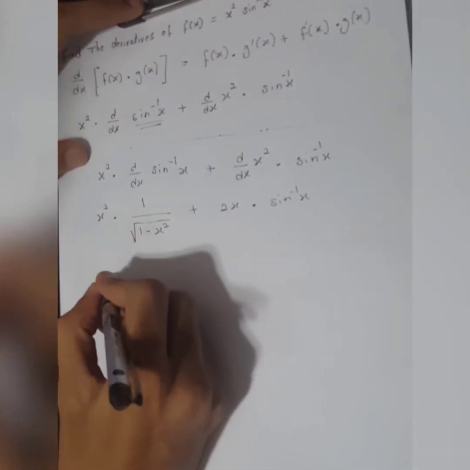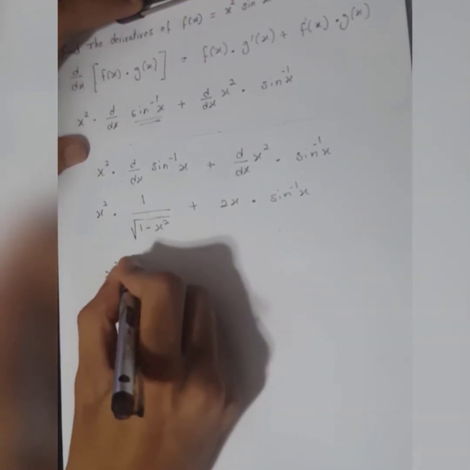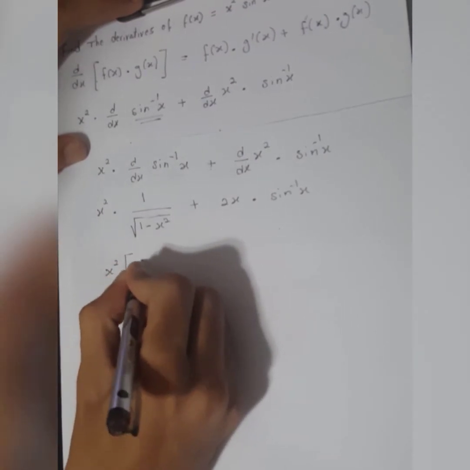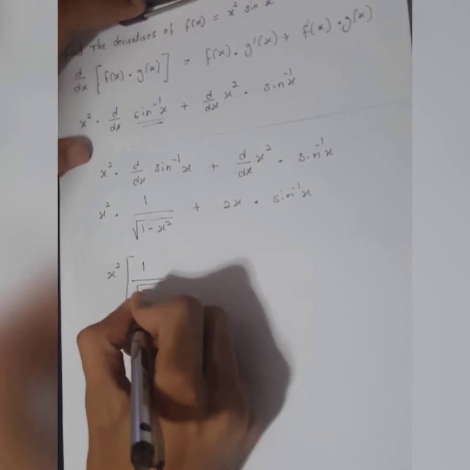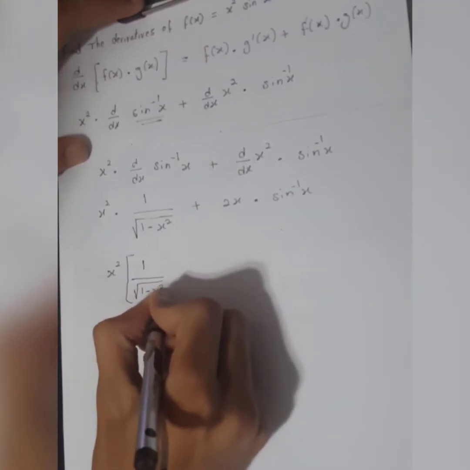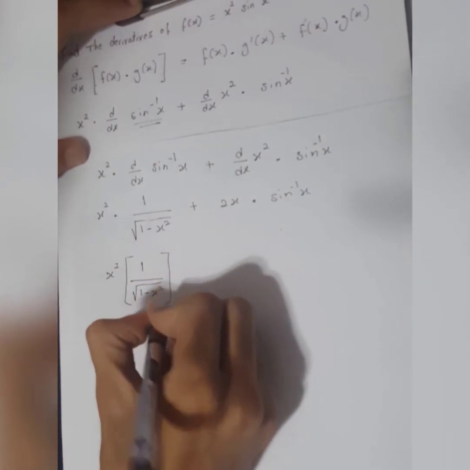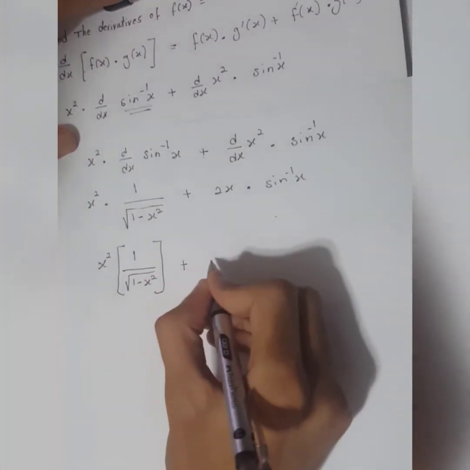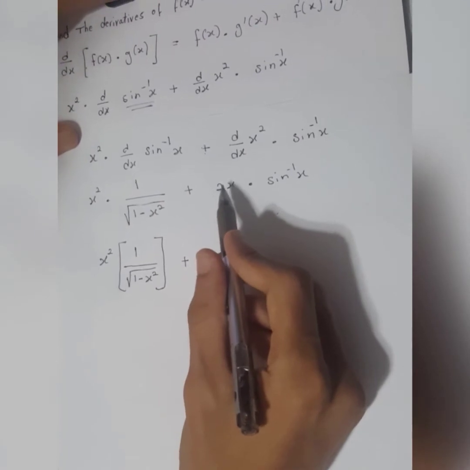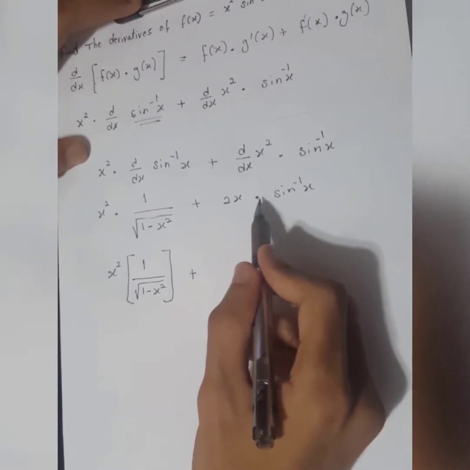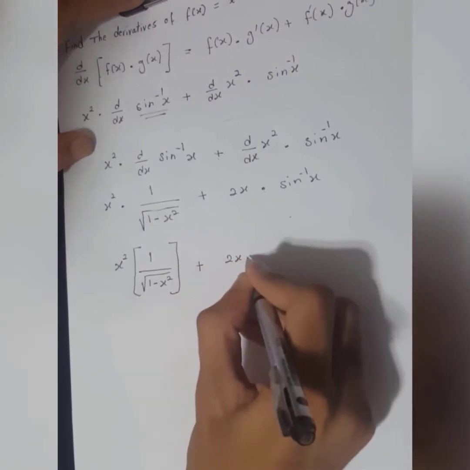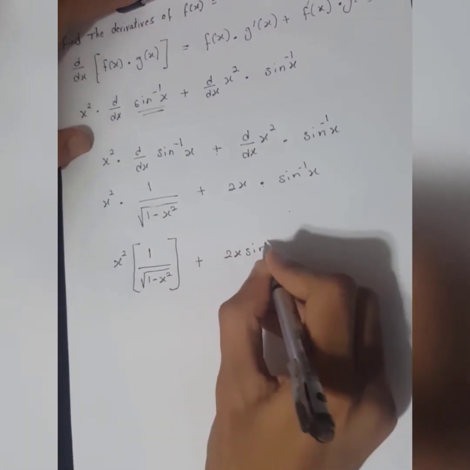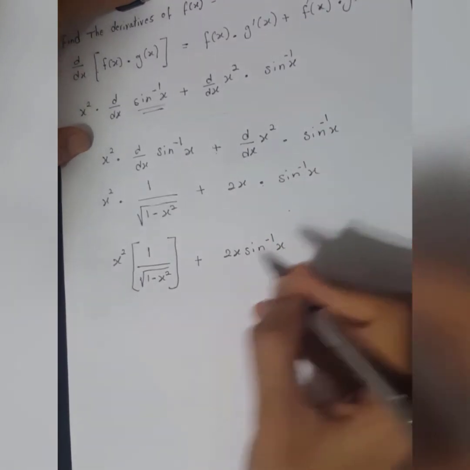So we can write it in this form: x squared over the root of 1 minus x squared, plus the 2x times inverse sine x, which equals 2x inverse sine x.